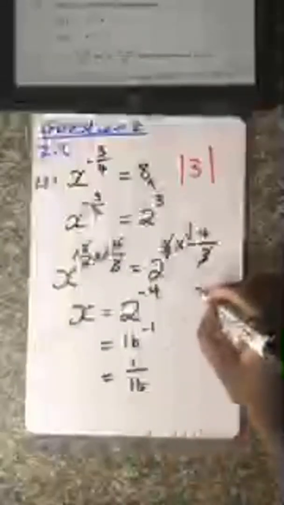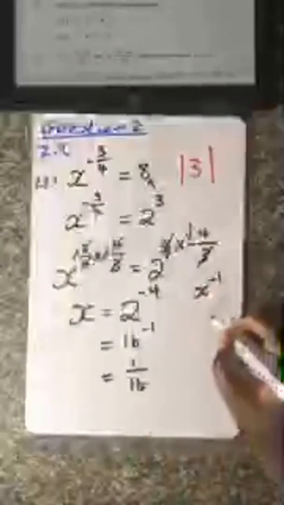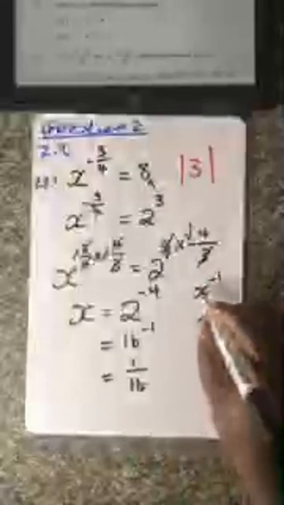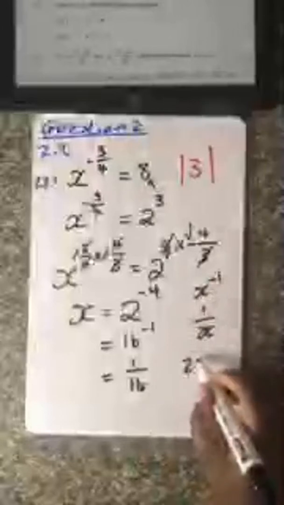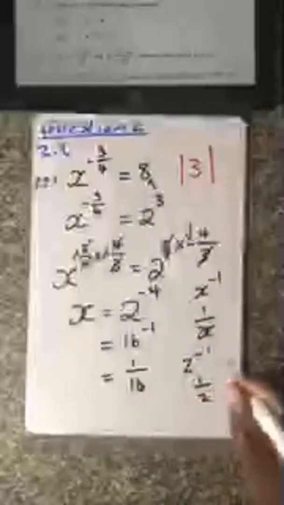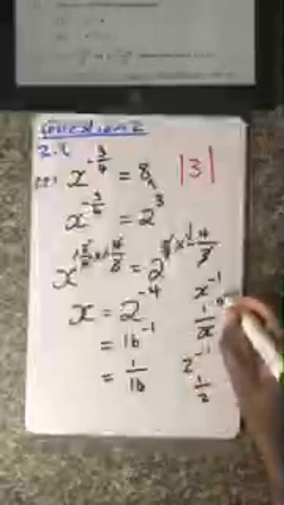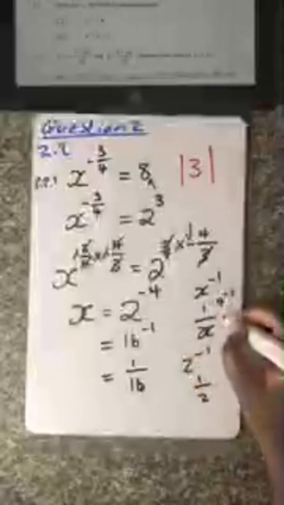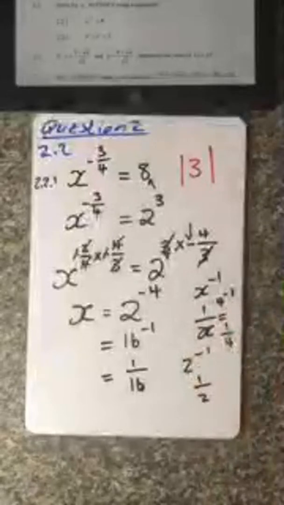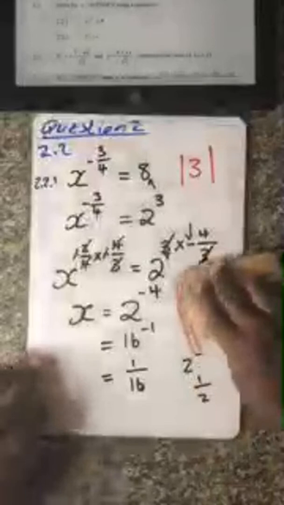So anything to the power negative 1 is the same as 1 over that anything. If we have z to the power negative 1, it's the same as 1 over z. If you have 4 to the power negative 1, this is the same as 1 over 4. You just write this or that into different forms.